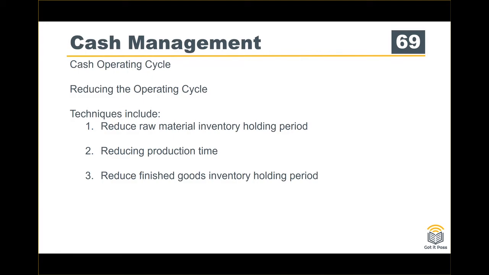Reduce the finished goods inventory holding period. If you have a better sales forecast, what is produced can meet the sales demand. Then it helps to reduce the finished goods inventory in your warehouse.